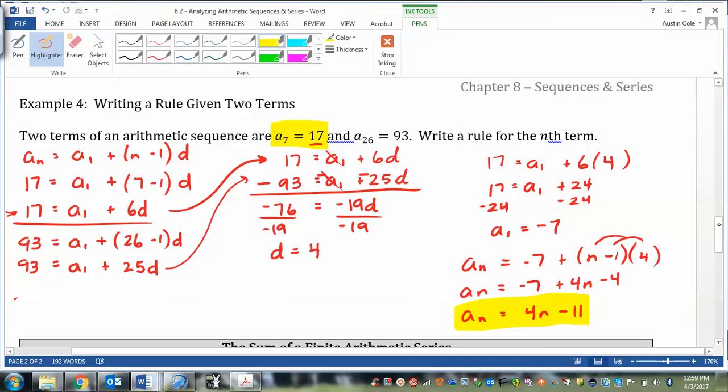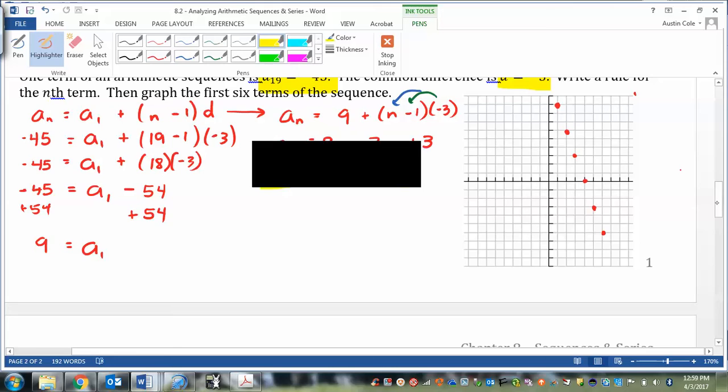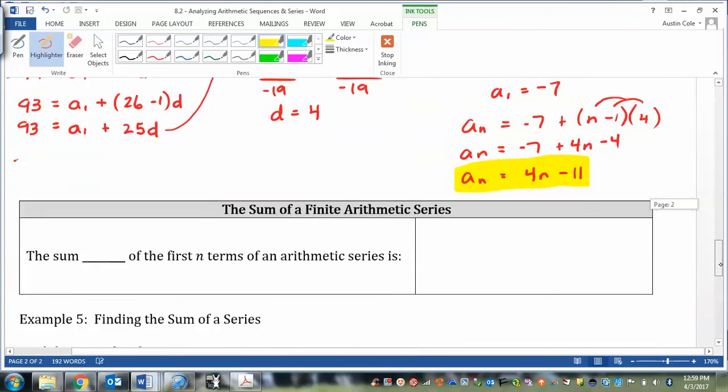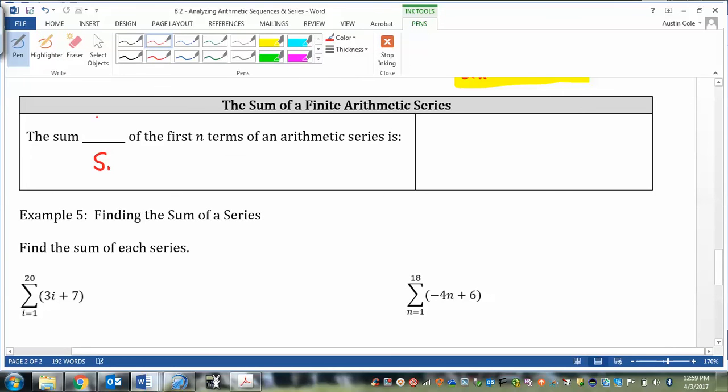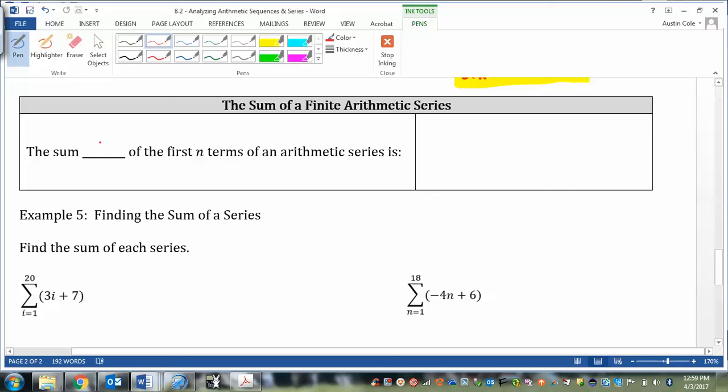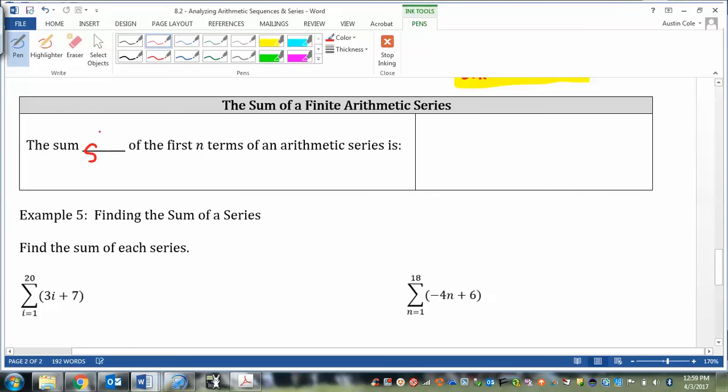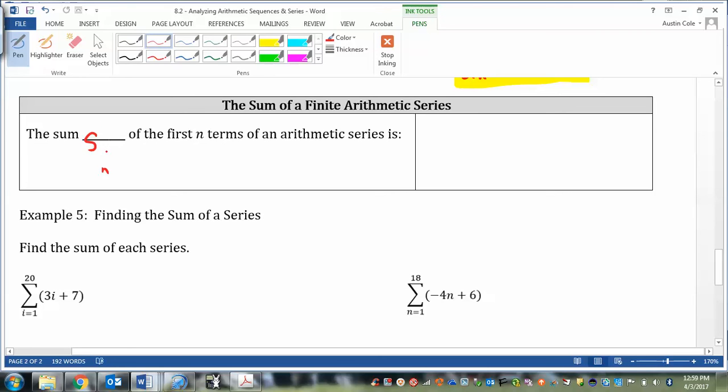Okay, last thing I want to talk about is summations of finite arithmetic series. Okay, so we have a formula for this. So the sum, which we're going to have represented, S sub n goes there, guys.